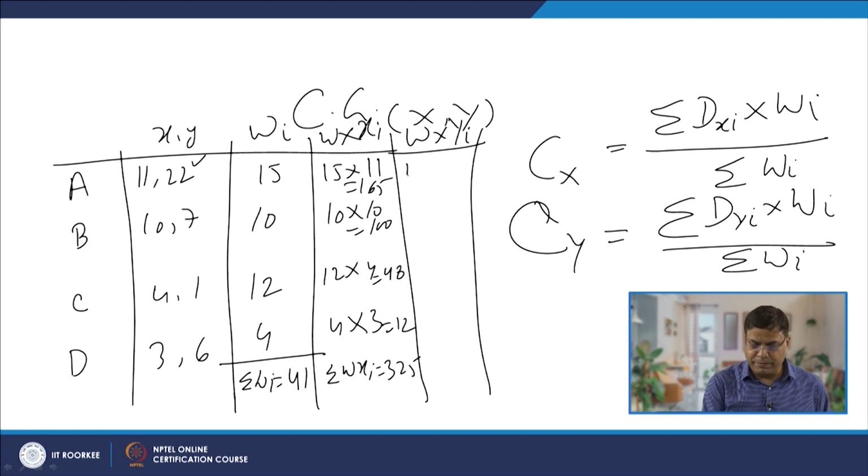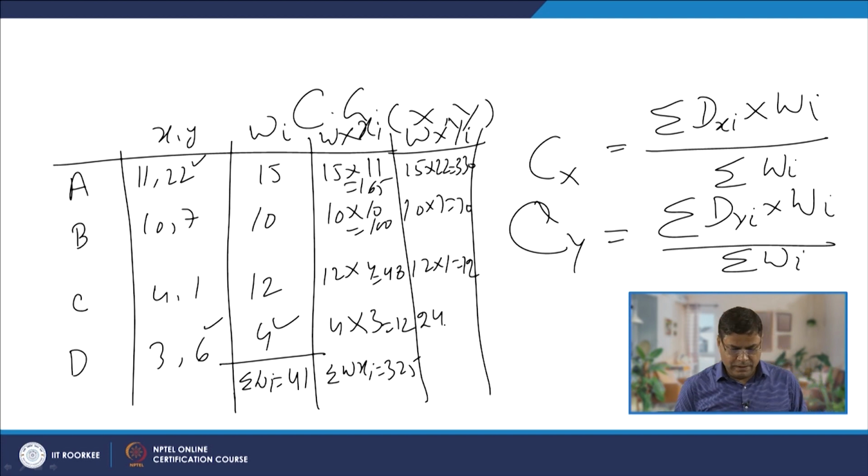Here 15 into 22, that is coming 330. 10 into 7, so it is 70. 12 into 1, so it is 12, and 4 into 6, so it is 24. And the algebraic sum of W into y I will be equal to, say, 436.